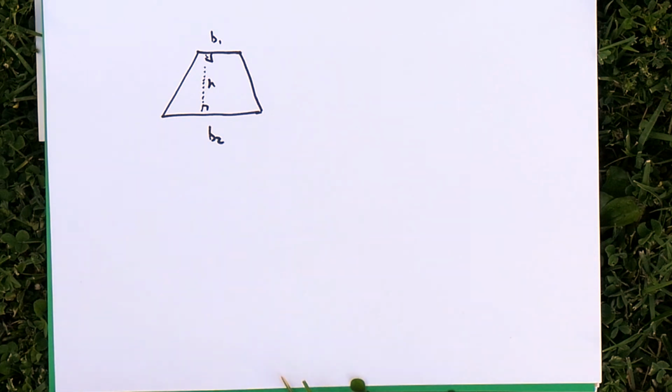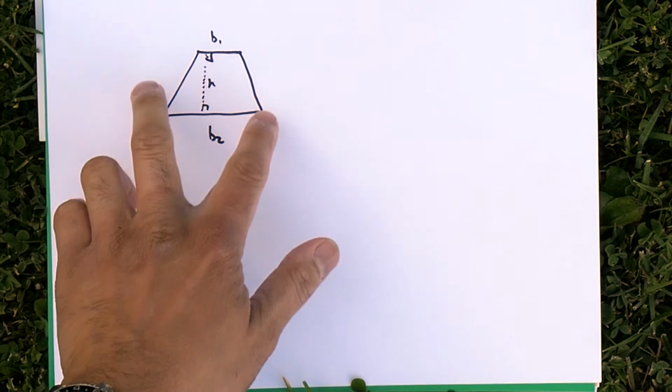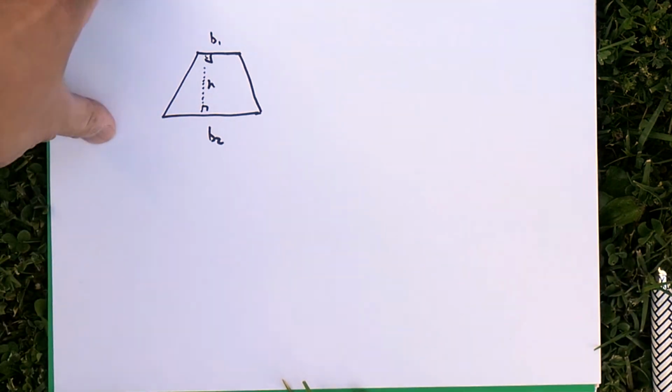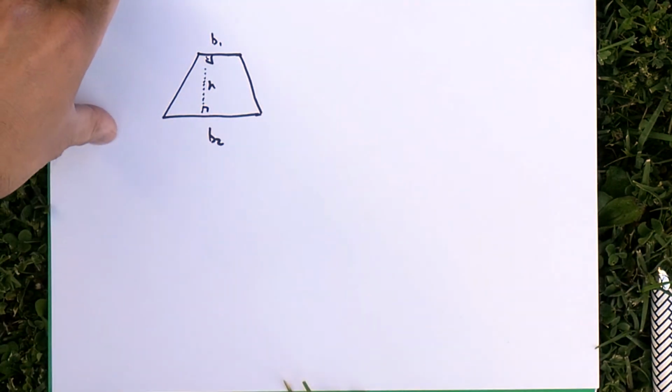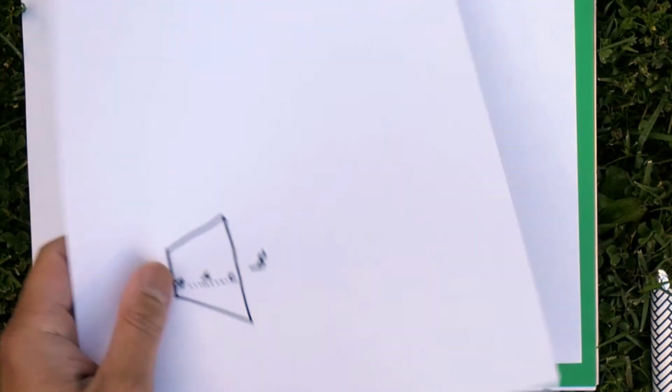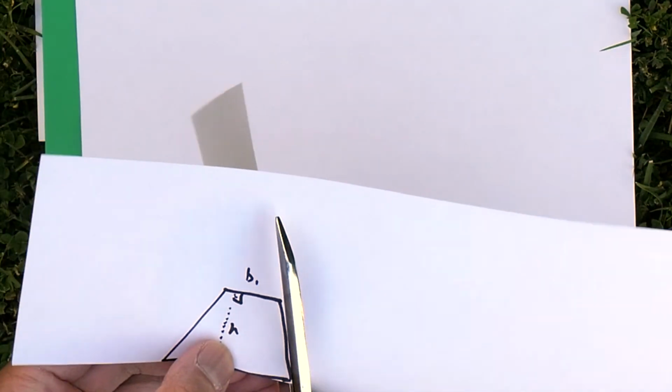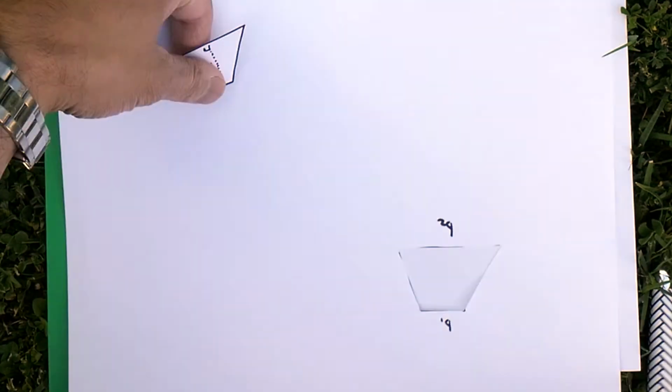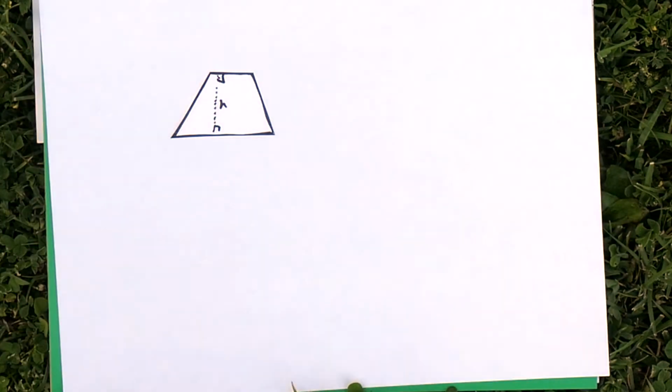So this came right after parallelograms. So you know what I'm going to do? I'm going to actually make a copy of this. So let's see. I'm going to cut this out, and hopefully it'll work out that it'll be right next to it. Okay, so I cut this out, right?